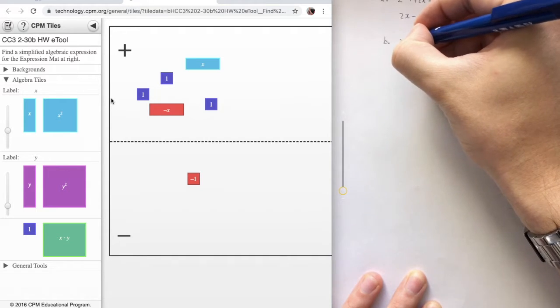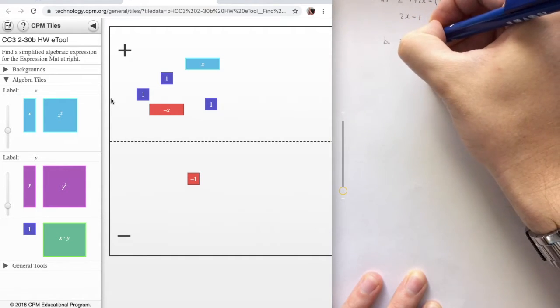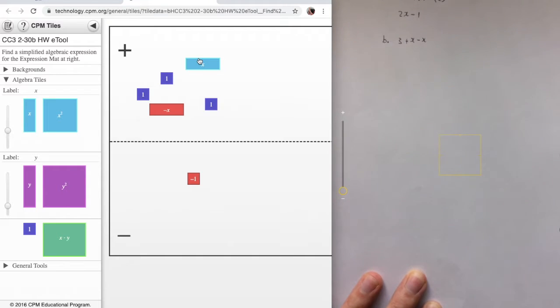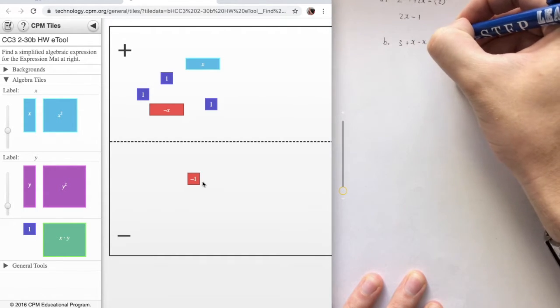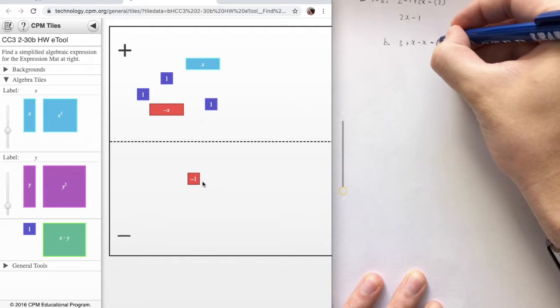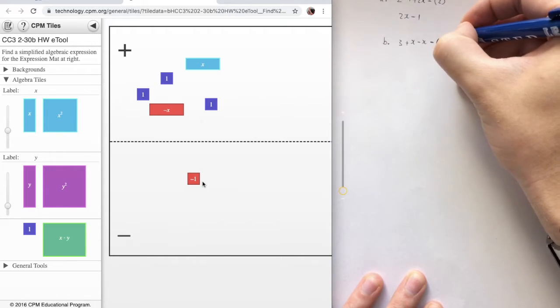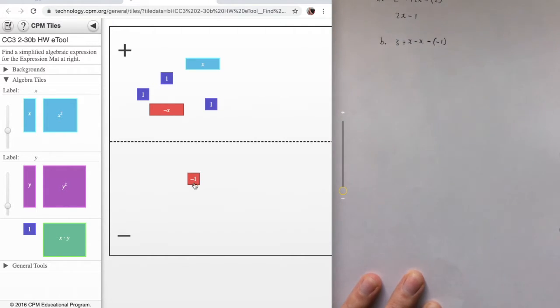We're going to be adding an x, and we're going to be adding a minus x right here. But then we're going to also be subtracting a negative 1, because we have a negative 1 down here, but it's in the opposite section.